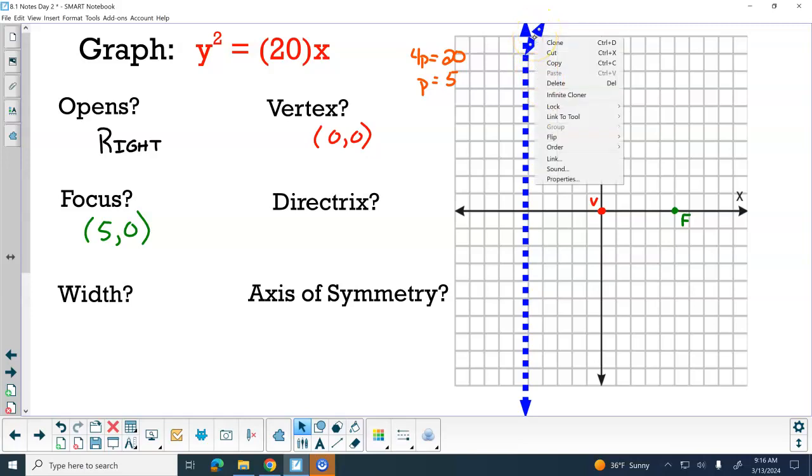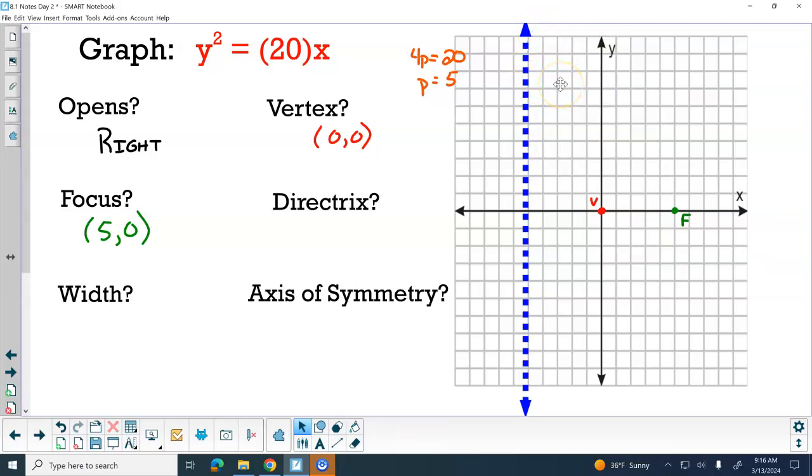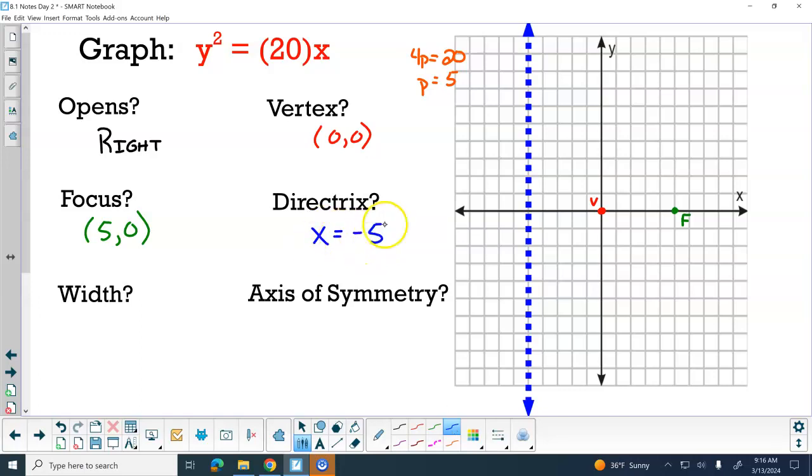Vertical lines have what for an equation? X equals, and in this case it's x equals negative 5. Horizontal lines are y equals.